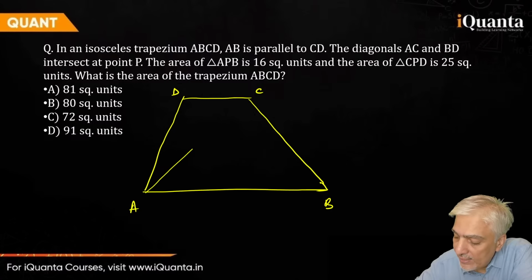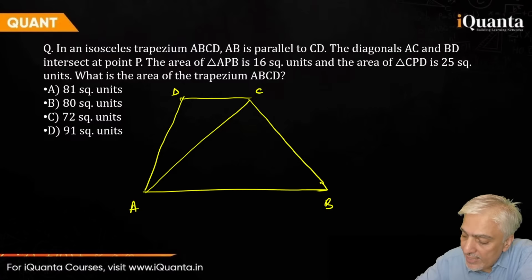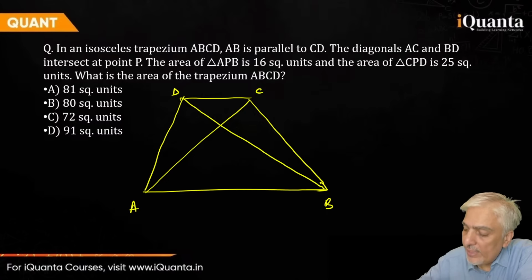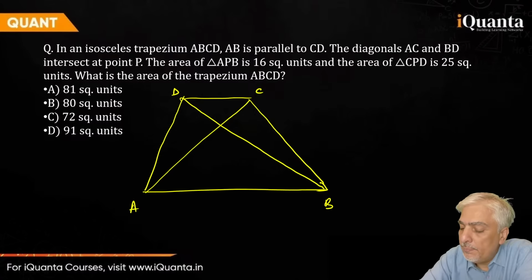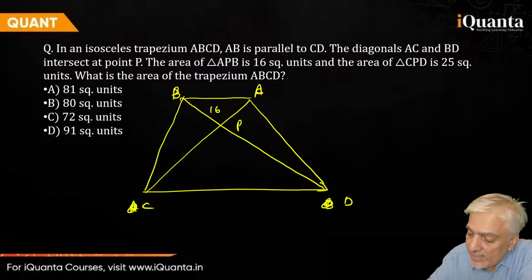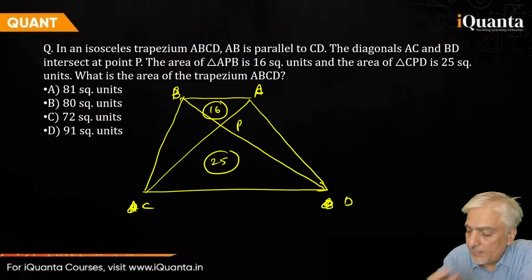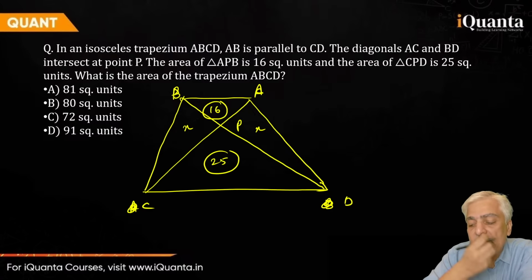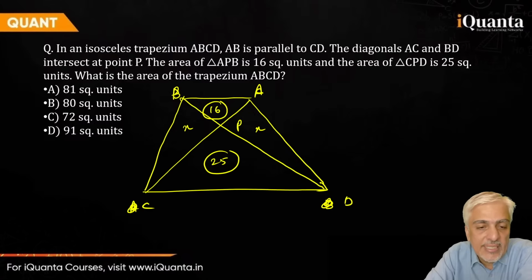Diagonals AC and BD intersect at P. Area of triangle APB is 16. So AB and CD are reversed, because that is smaller. So ABCD. This area is 16, this area is 25. These both areas will be equal, because that is true in any trapezium also.